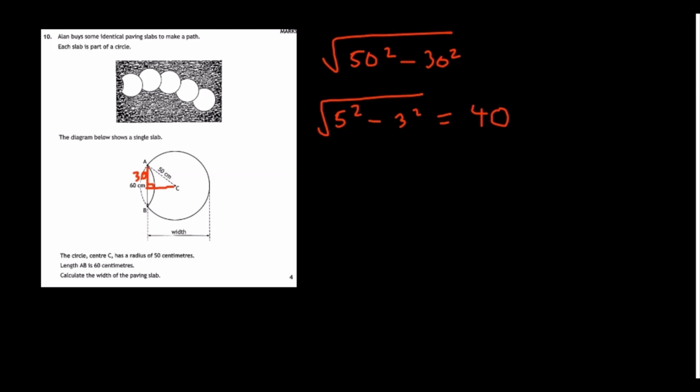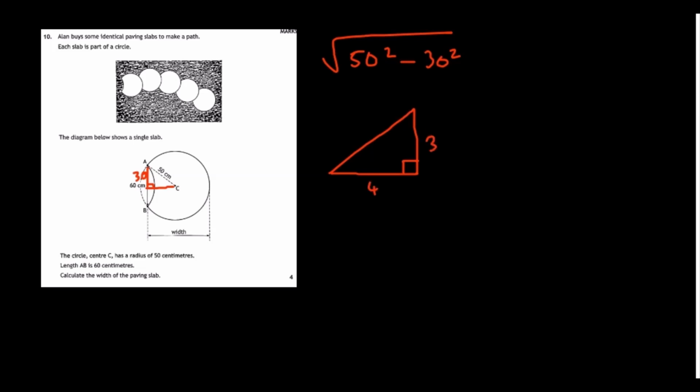Or you can just remember what are known as Pythagorean triples. And I should make a video on this at some point. So there's certain triples of numbers that are known as Pythagorean triples because they can form a right angled triangle. So 3, 4, 5 is one of the most famous ones. Or it might actually be the most famous Pythagorean triple.